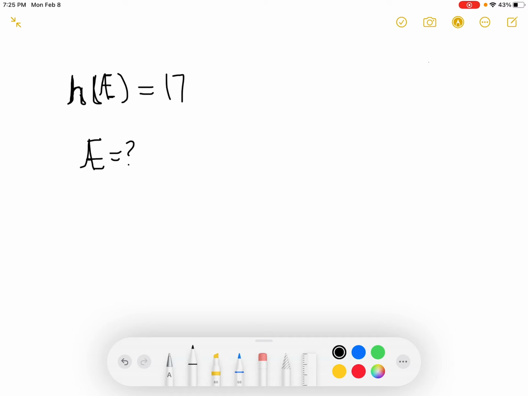Well, we would need to know a little bit more information than just that, because we also need to know what h(a) equals in terms of a. So we also need to say that h(a) equals 3a squared plus 4.